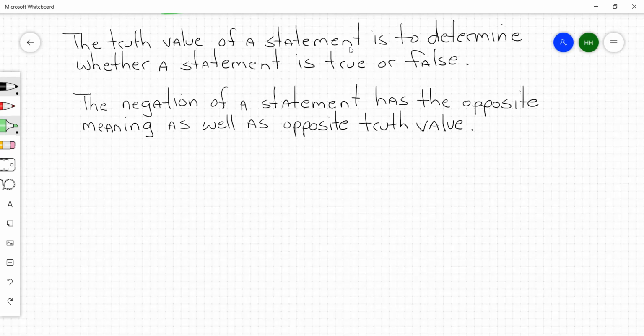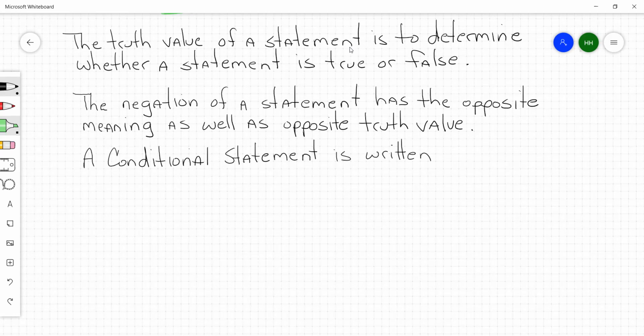So a conditional statement is written in if-then form. If-then form.